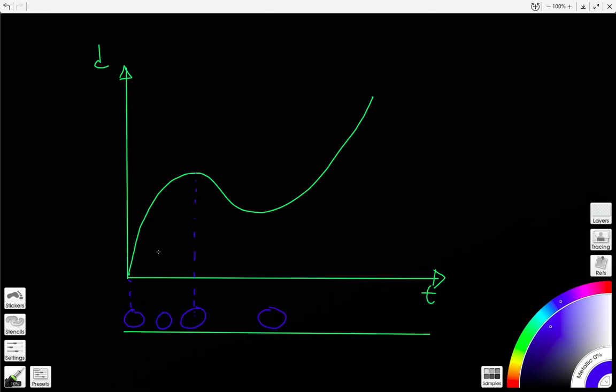Okay, so my total displacement, remember, displacement, my total displacement is defined as my final position, final P minus the initial position. Okay, so my final position is here. My initial position is here.